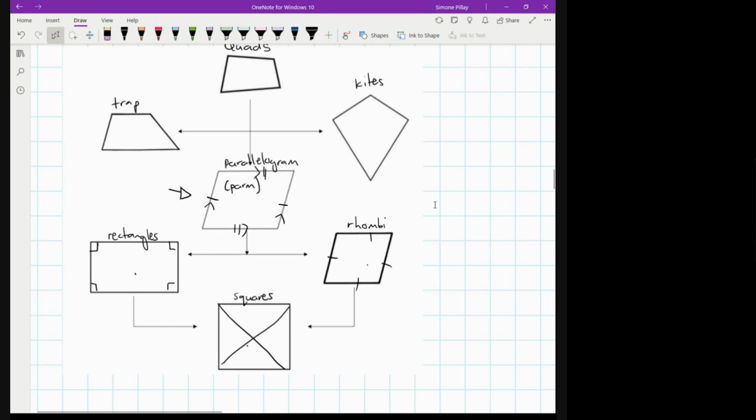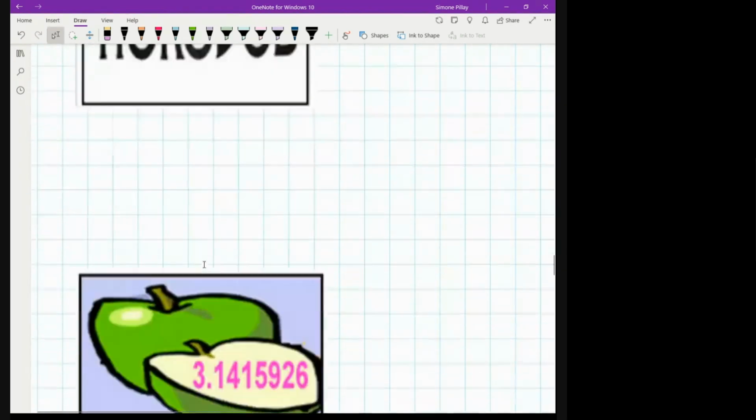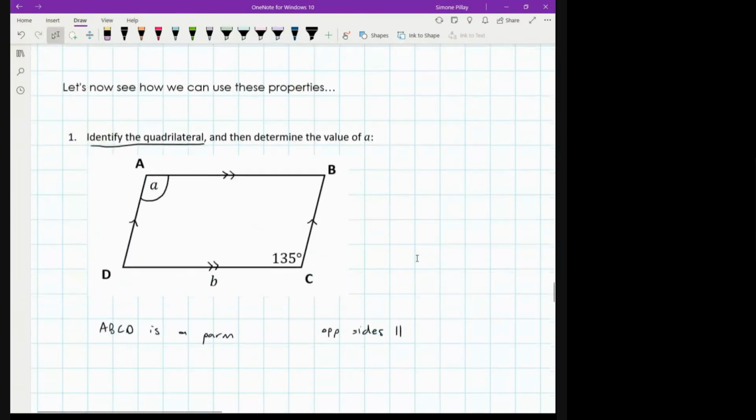So if you don't have enough info to go deeper, you're just going to say it's a parallelogram. And because we only know that my opposite sides are parallel, I'm going to say it's a parallelogram. I cannot go deeper and say that it's a rectangle when I don't know that the properties that specifically relate to a rectangle will be present. So that is why we're saying this shape is a parallelogram.